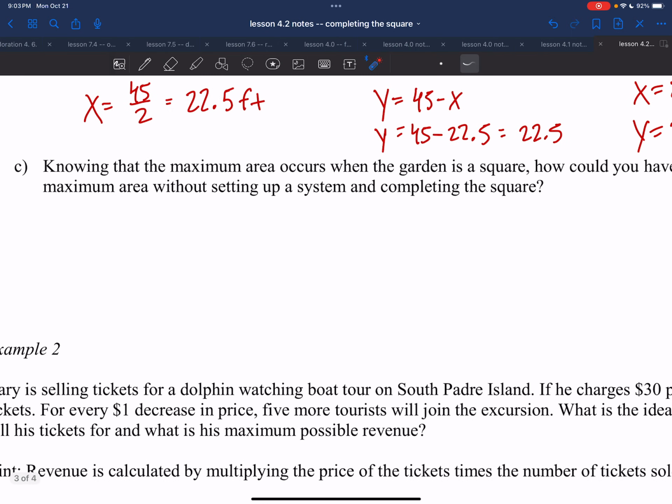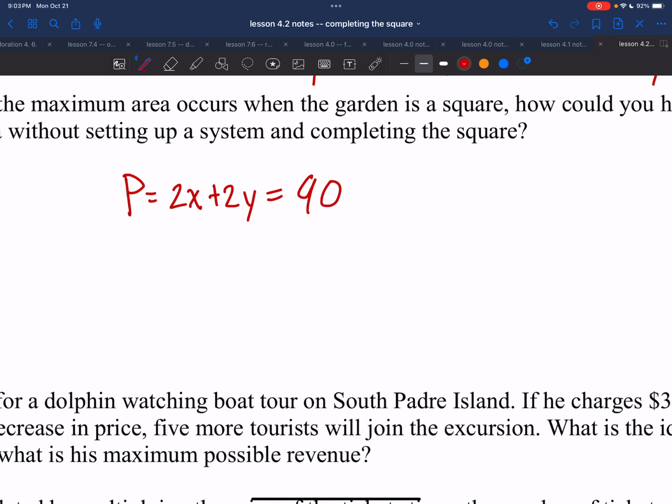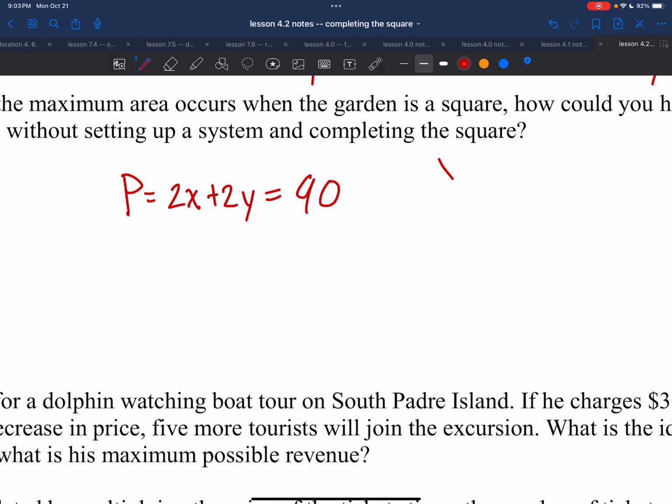I said, look, if it's a square, the perimeter, that was 2x plus 2y, and I had 90 feet of fencing. But if it is a square, then x and y are equal side lengths. So 2x plus 2x is 90, which means 4x is 90.